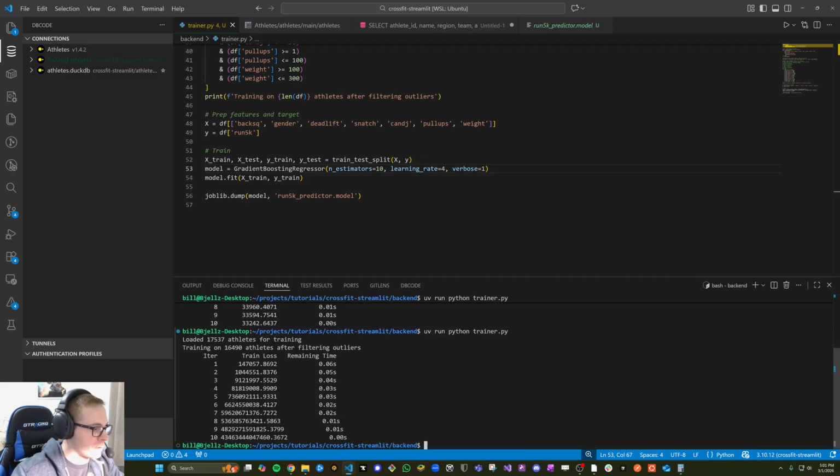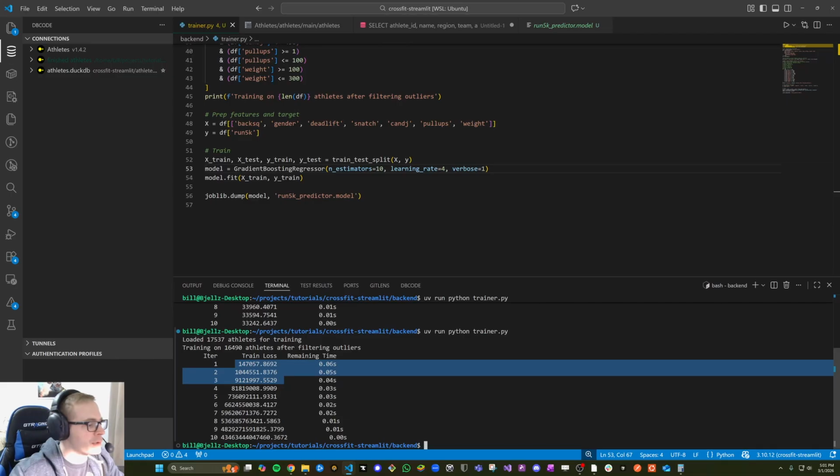All right, so you see that now the numbers are actually going up. So what's happening here is that this learning rate of just 4 is very, very aggressive. You can think of the learning rate like the algorithm taking a step every iteration. Think of it like a valley.